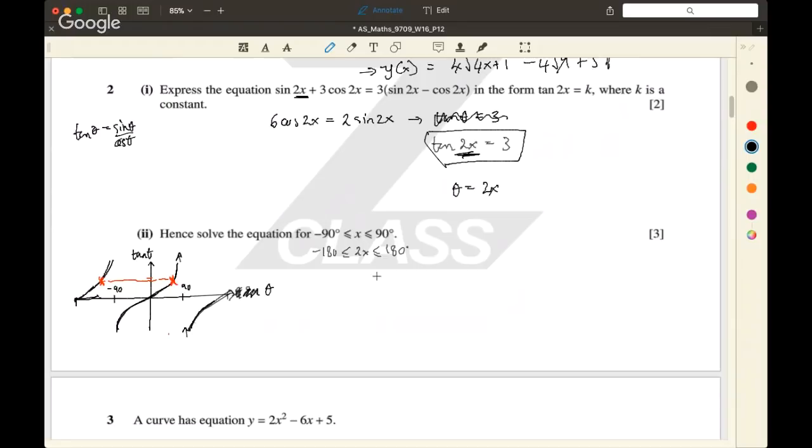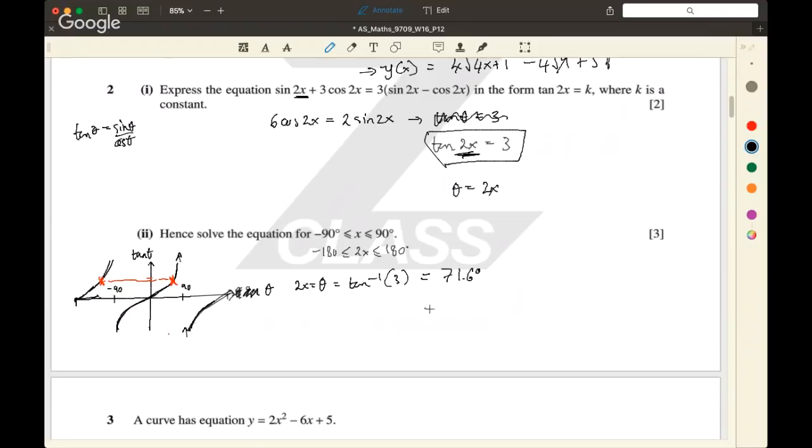First you take a calculator and say theta, which is 2x, is equal to the inverse tangent of 3, and that will give you the answer 71.6 degrees.